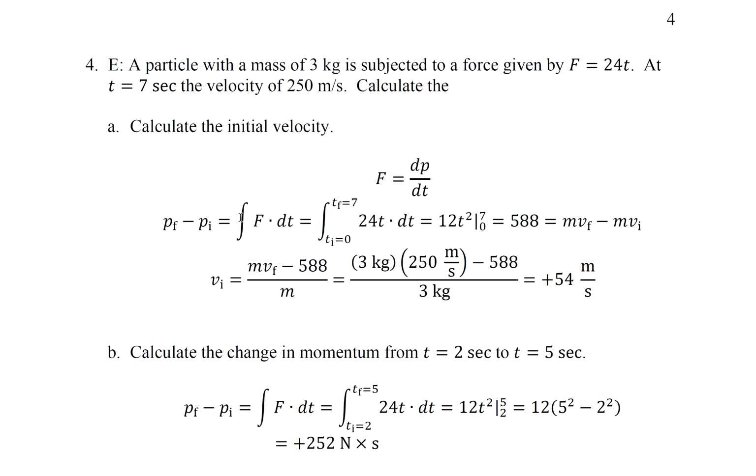We're going to integrate F dt to get 588. P final minus P initial is mv final minus mv initial. And we have this initial condition. At t equals 7 seconds, the velocity is 250.